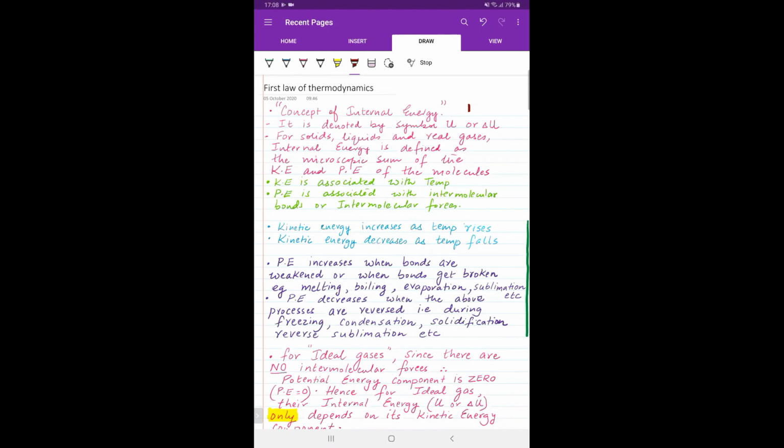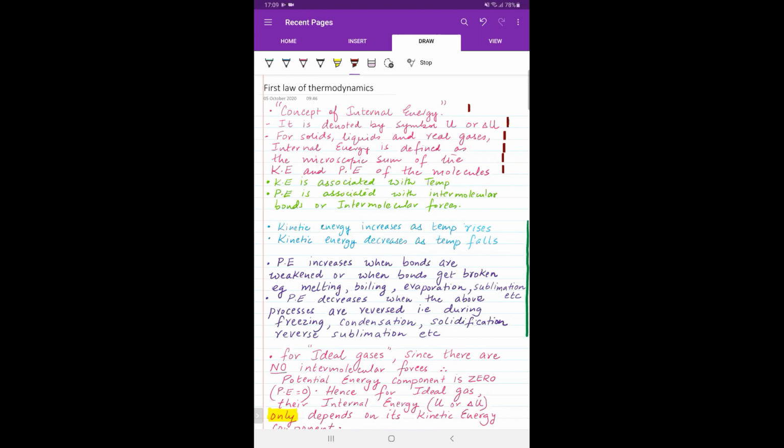So internal energy is denoted by the symbol of either U or by the symbol of delta U, any one of the two. Now for solids, for liquids, and for real gases, so solids के लिए, liquids के लिए, and for real gases, internal energy is defined as the microscopic sum of the kinetic energy and the potential energy of the molecules.